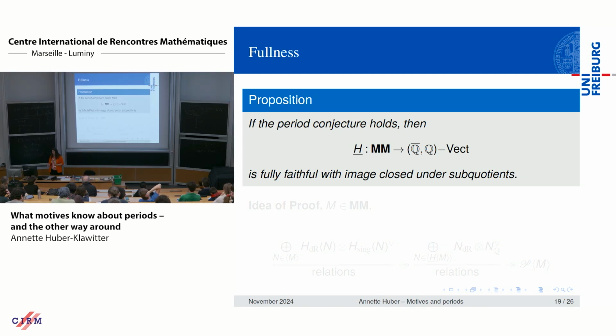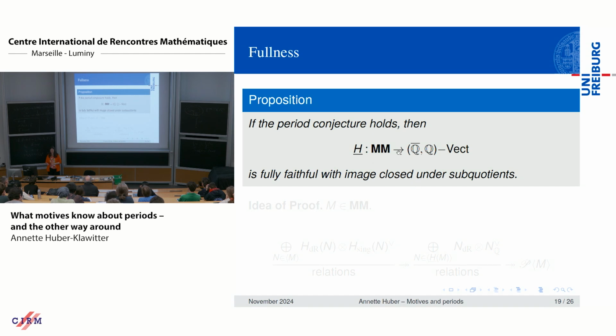The claim here is that whenever you have a morphism between Hodge-de Rham structures, it actually comes from a morphism of mixed motives. So this has very much the flavor of the Hodge conjecture or the Tate conjecture. And Yves André was the one who really propagated this, that we should think of the period conjecture also in terms of fullness, as we think about all the other fullness conjectures.